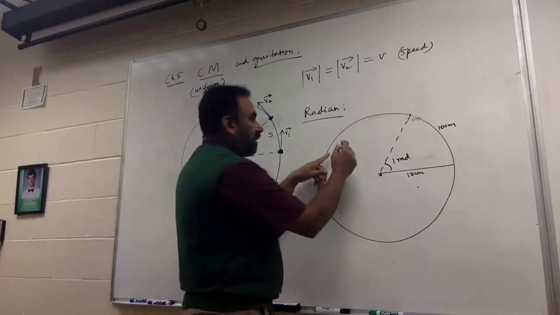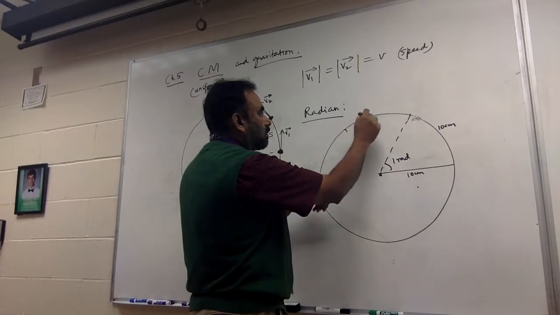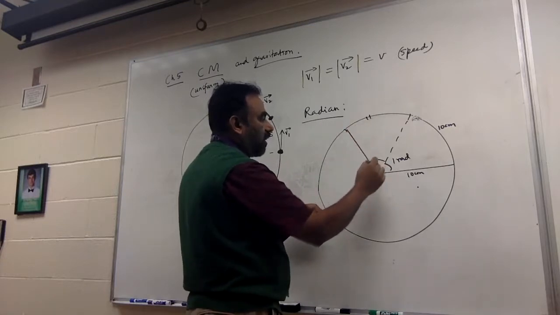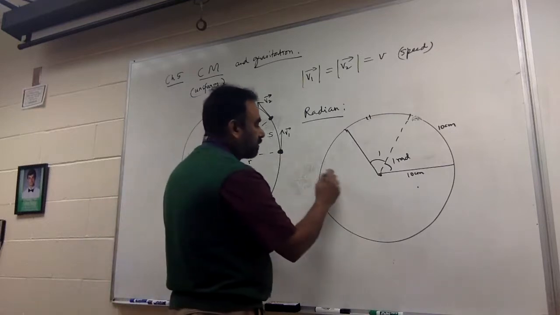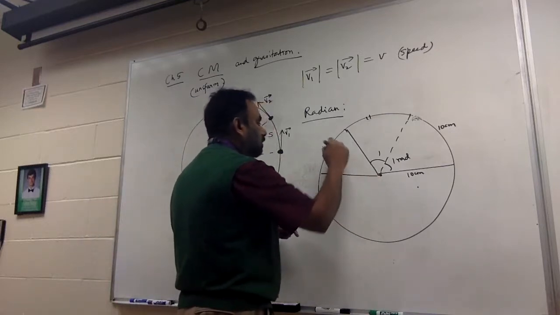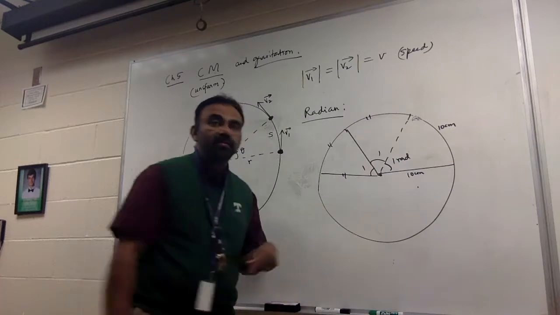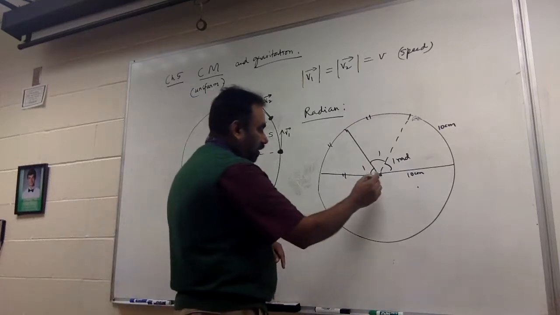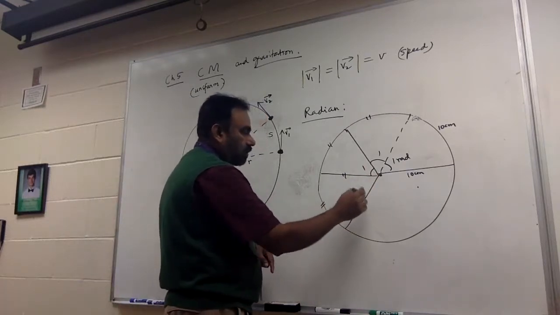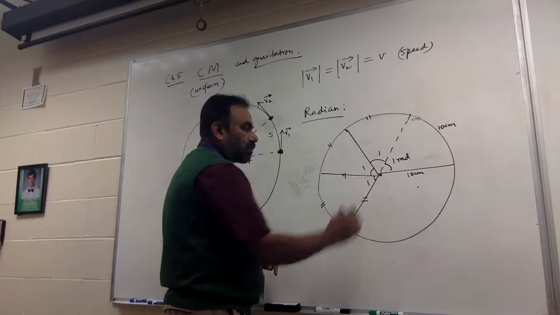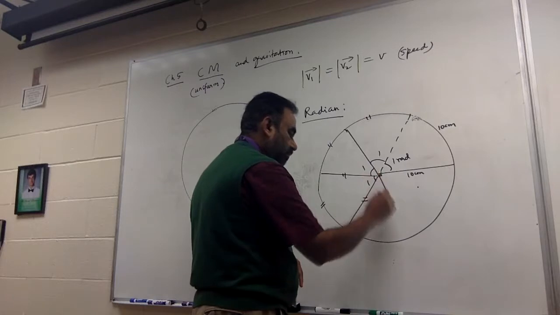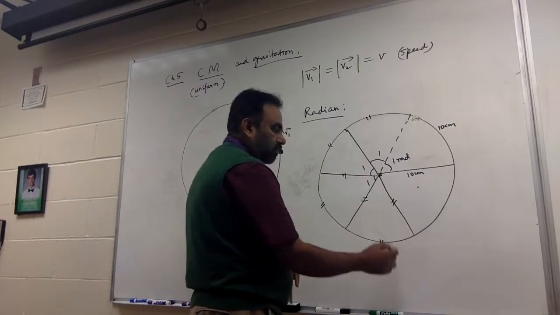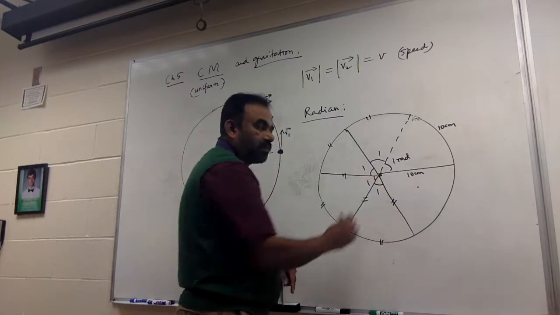Now, if you cut off once again, that's a 2nd radian. If you cut off once again, that's a 3rd radian. If you cut off once again, that's a 4th radian. If you cut off once again, that's a 5th radian.